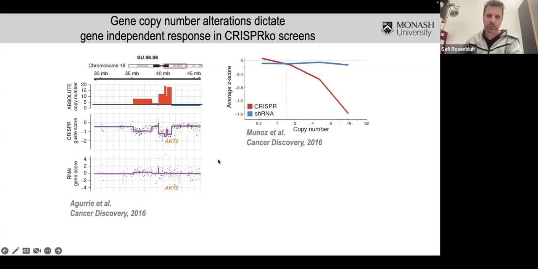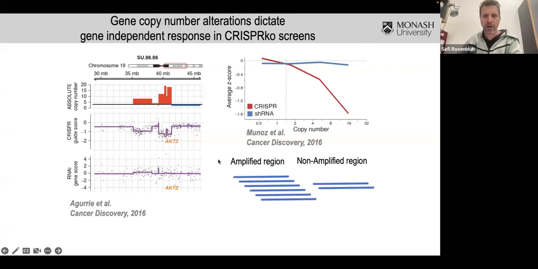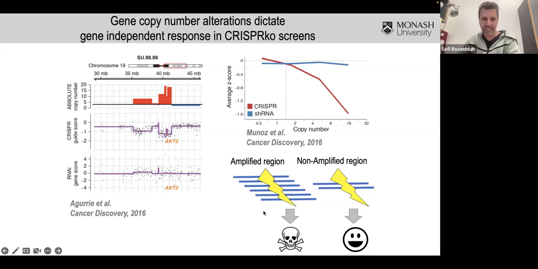And this is something we should maybe have thought of before, but what typically happens is when you have an amplified region, you have multiple copies of that piece of DNA, and when you introduce the CRISPR, you get this very high amount of DNA damage, which causes non-specific cell death. And that is a huge issue that we see with CRISPR cutting, CRISPR knockouts: when you target an amplified region, you get this non-specific killing, which has nothing to do with targeting the gene, but with the introduction of DNA damage.